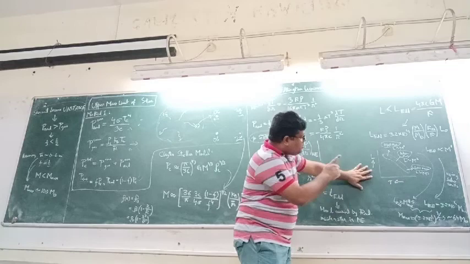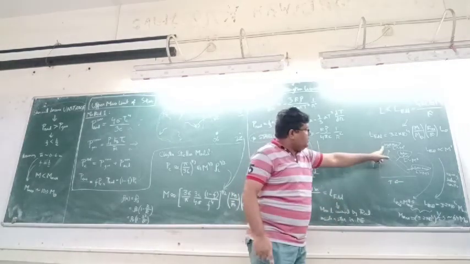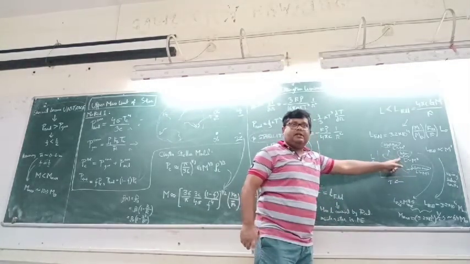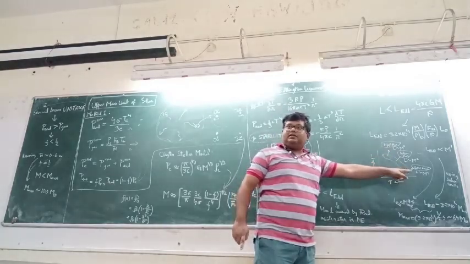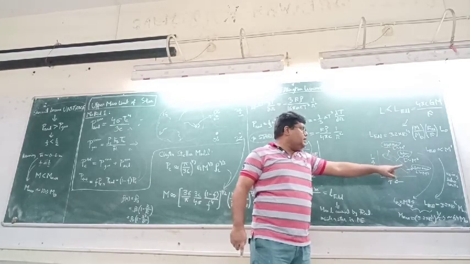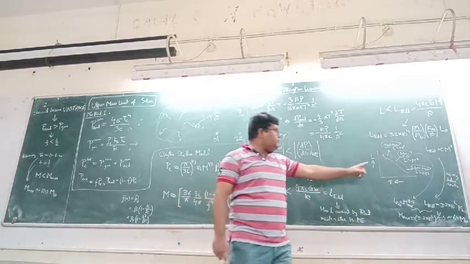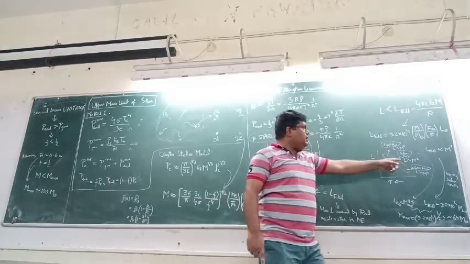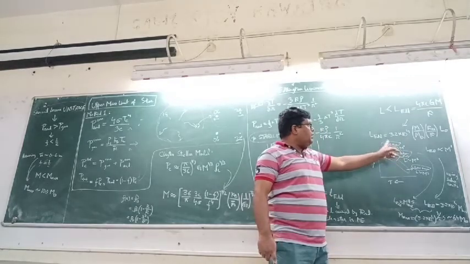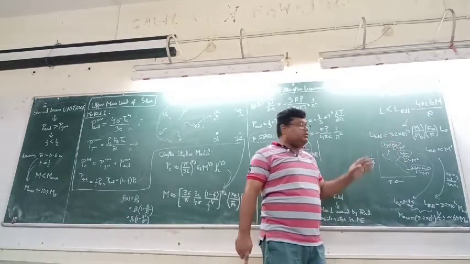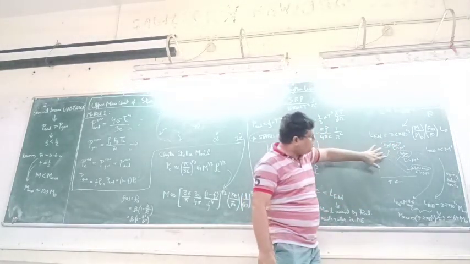Again in this main sequence part, you see this is low mass, intermediate mass, high mass. For low mass, it is observed experimentally that luminosity scales as m to the power 5, intermediate mass m to the power 3, and high mass m to the power 1. So this means that you see it is finished.